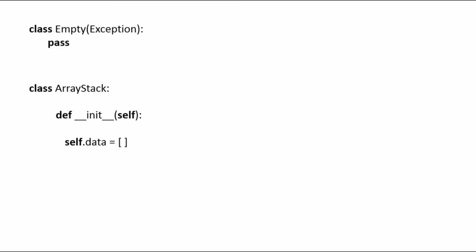So the ArrayStack is defined and it has the first method, the init method. When you define an object of the ArrayStack class, the data element named data will be initialized, that is a list. The second function is __len__.